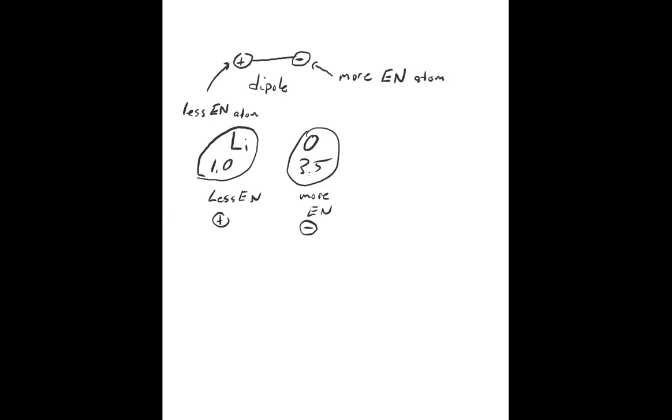Okay. So if I were to do OH, for example, there's OH. I'm going to write the electronegativity values below. Right there, because this one's higher, we know this is the negative end. And since this one is smaller, we know this is the positive end. Okay, so O is negative and H is positive.